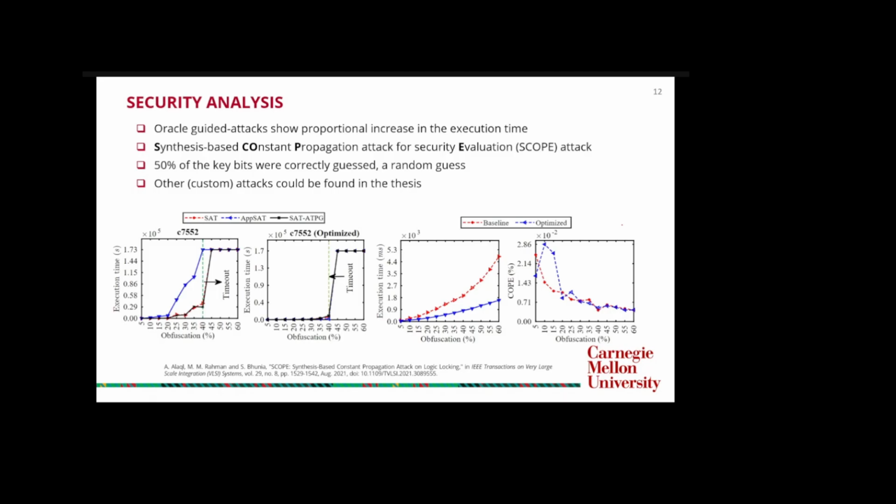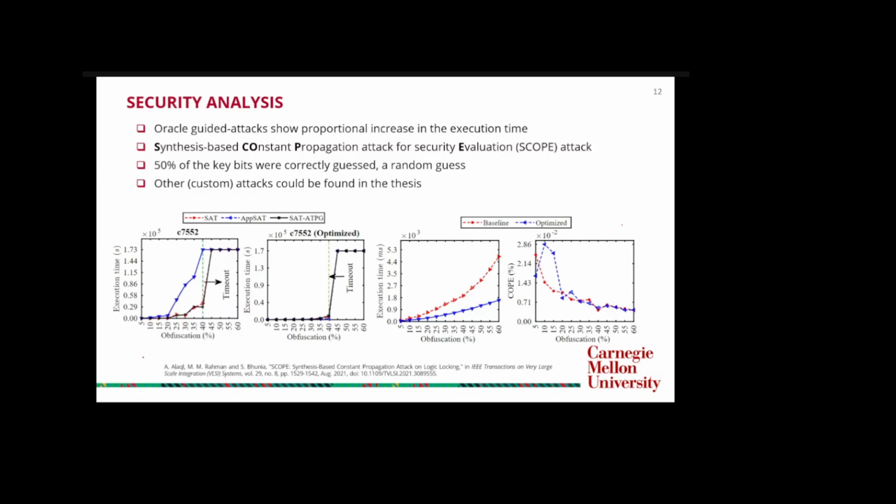One is Oracle-guided, and one is Oracle-less. And we perform both of the attacks. There are many attacks which are Oracle-less also. So here we perform one of them which exploits the structural analysis, the structure of the design, and resynthesis.